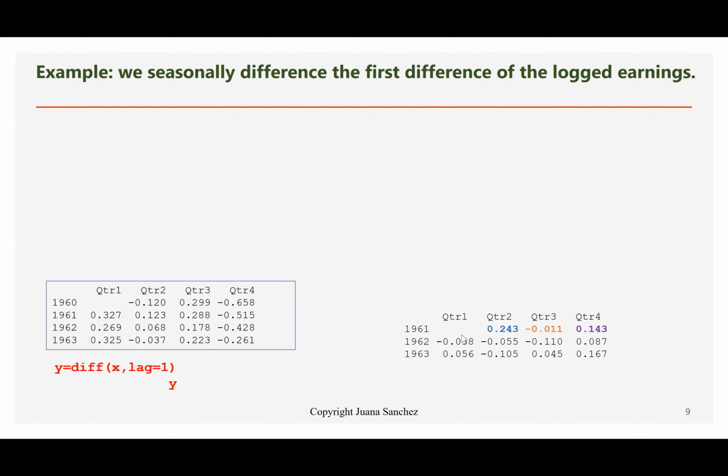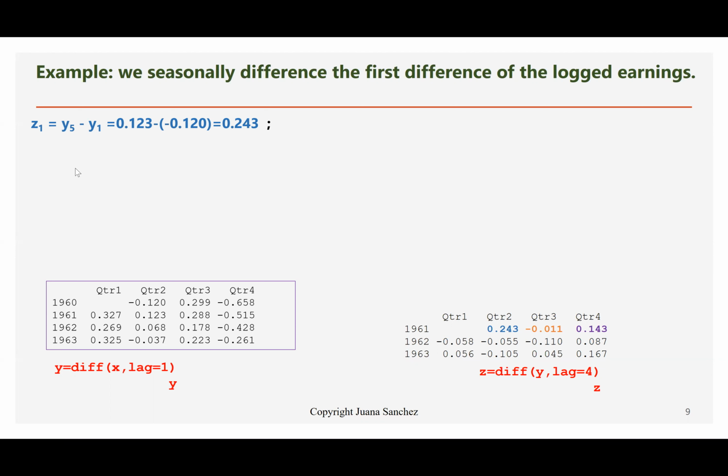Notice how the seasonal difference starts in 1961, not in 1960. We lose much more information, many more observations, when we are doing seasonal differencing. So this will be diff of Y with lag equal to 4. That's the seasonal differencing, and that's the R code for doing that.